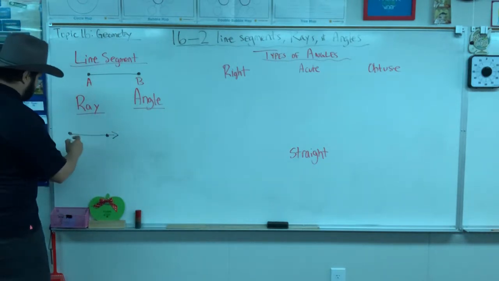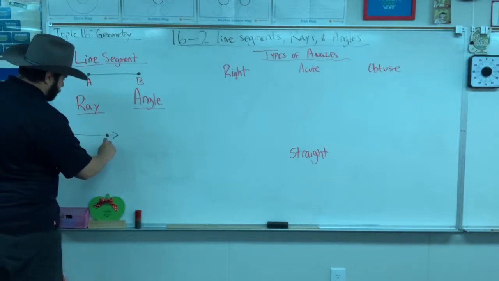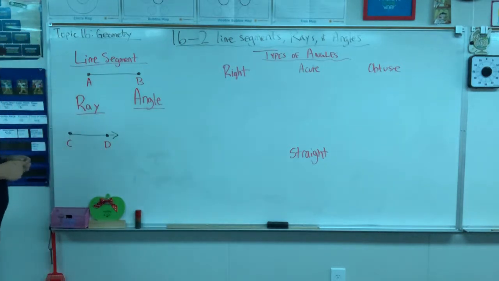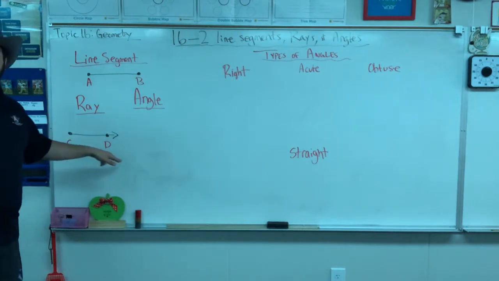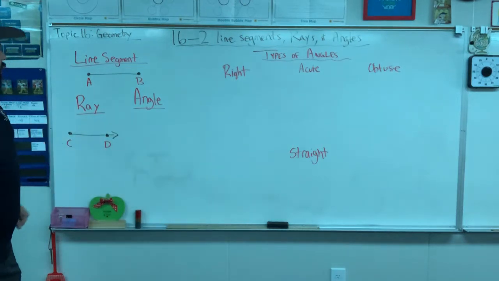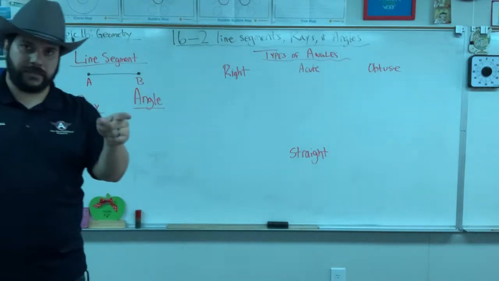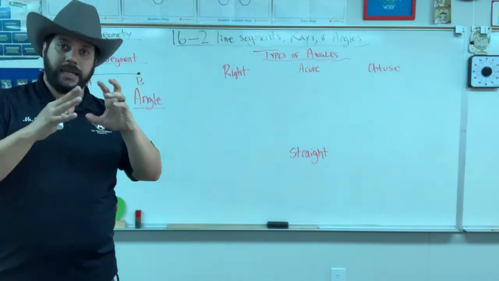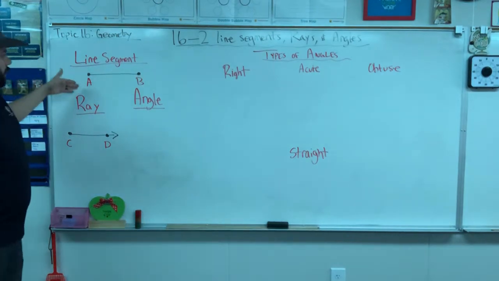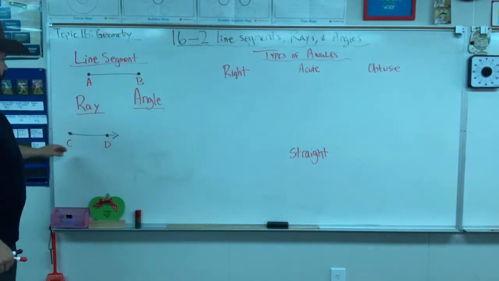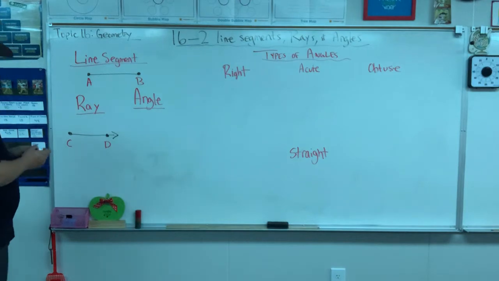So if I call this point C and that point D, you would refer to this ray as ray CD. Okay? I'm naming the point, and then I'm combining it to tell me what the line segment or the ray is. So again, line segment AB, ray CD, and you would write it like this.